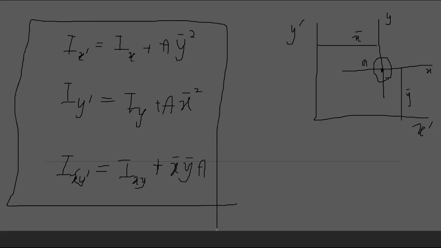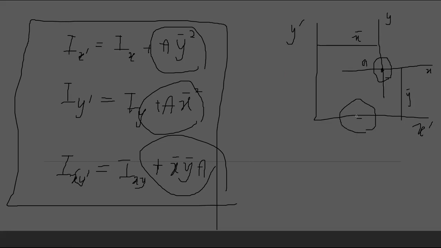So please keep in mind, if you have a centroid axis, these parts will be 0, because x bar or y bar is 0. Let's say the centroid is here, so your y bar becomes 0. Let's say your area is here, so y bar is not 0, but x bar is 0.